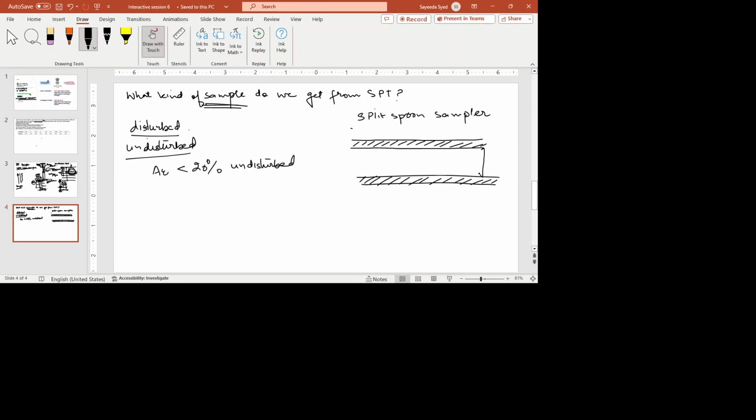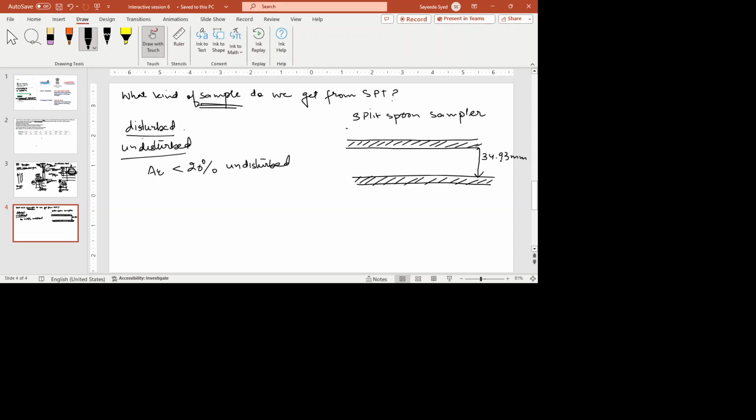We have an inner diameter of almost 35, actually 34.93 mm, because this is in pounds units, it is basically 1 3/8 inch, and this is the D inner, and the outer diameter, D outer, is equivalent to 50.8 mm, about 2 inches.